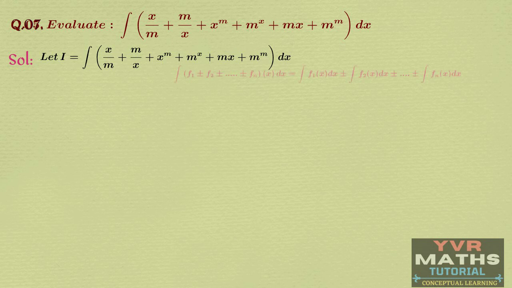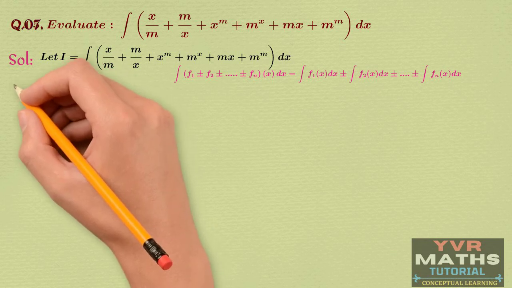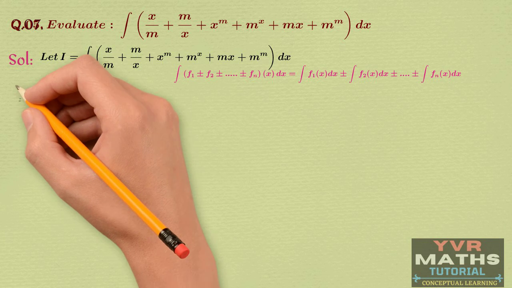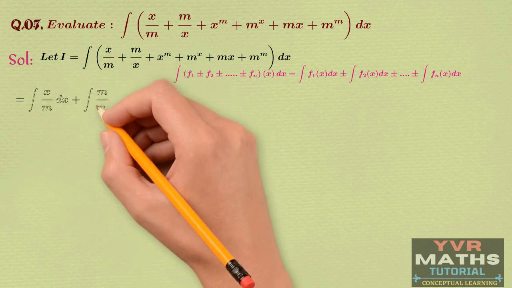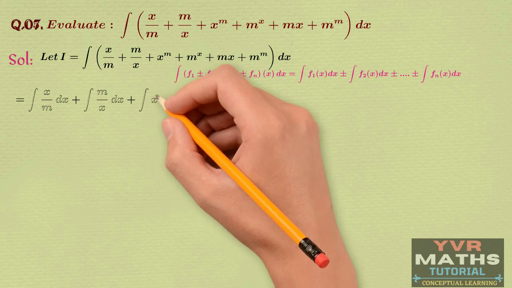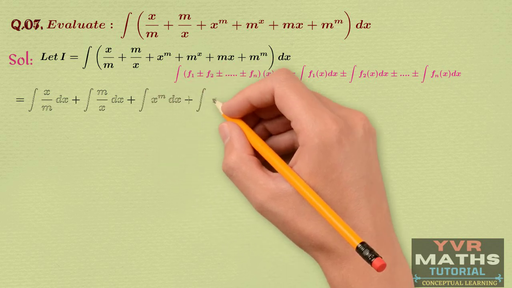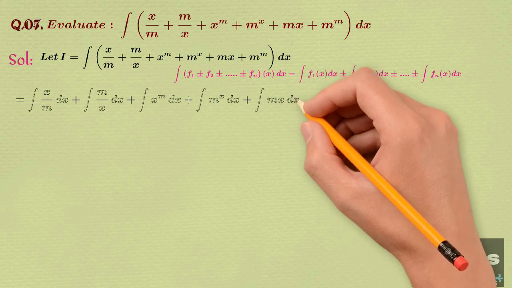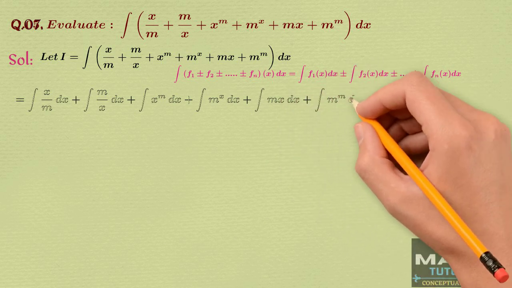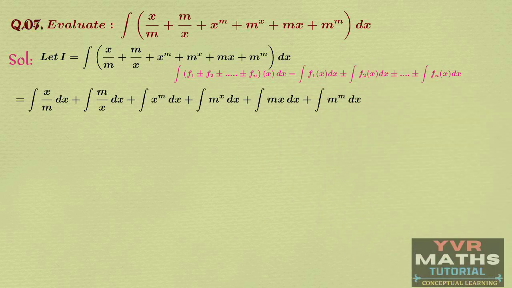Now by using basic properties of the indefinite integral, I am going to apply individual integrals for each and every function. Then the next step is integral x by m dx plus integral m by x dx plus integral x power m dx plus integral m power x dx plus integral mx dx plus integral m power m dx.